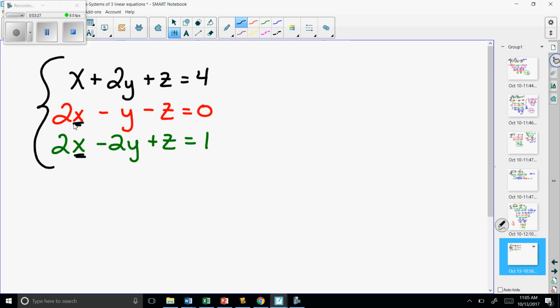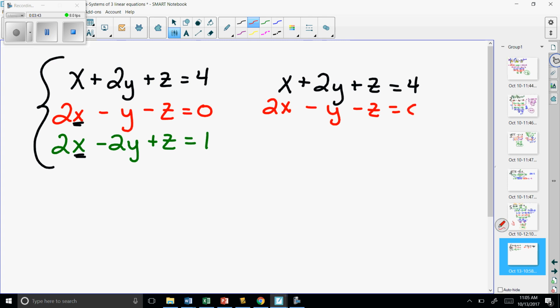If I just focus on those 2 equations, the black, or the first equation, and the second equation, as I look at those 2 equations, what do you notice happens? The z's cancel. I can perform elimination right now on those equations.